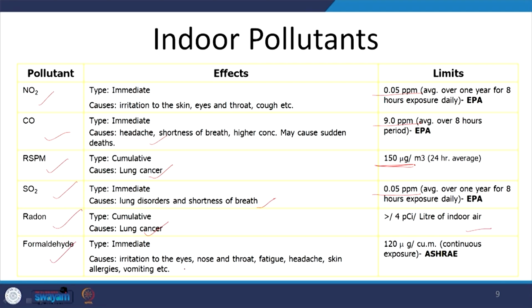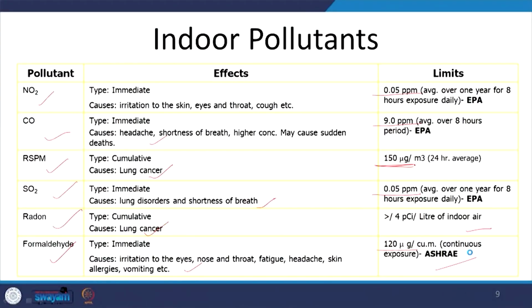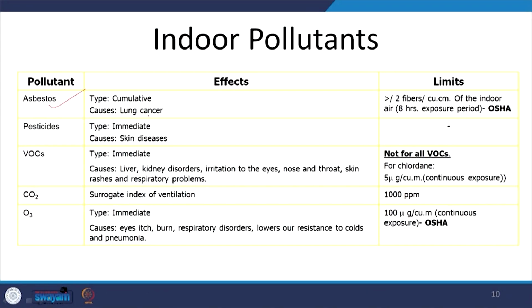Formaldehyde causes irritation to eyes, nose and throat infections, fatigue, headaches, skin irritations, vomiting, etc., and the limit is 120 micrograms per cubic meter of air for continuous exposure. This limit is as per the ASHRAE standards. Then we have asbestos, which is again a cause of lung cancer, with not more than 2 fibers per cubic centimeter of indoor air for an 8-hour exposure period.